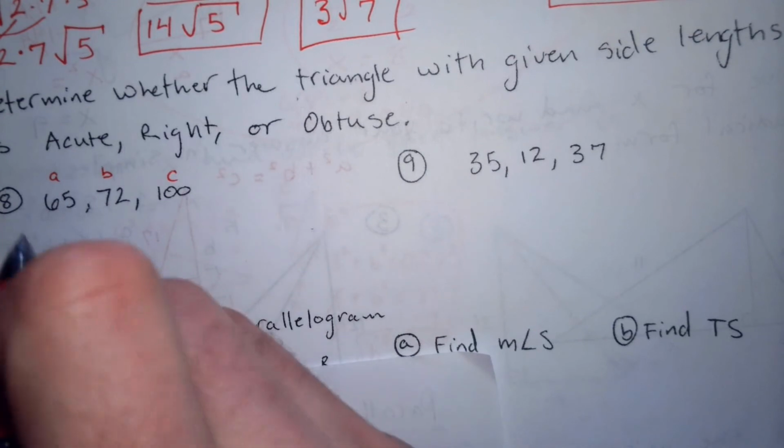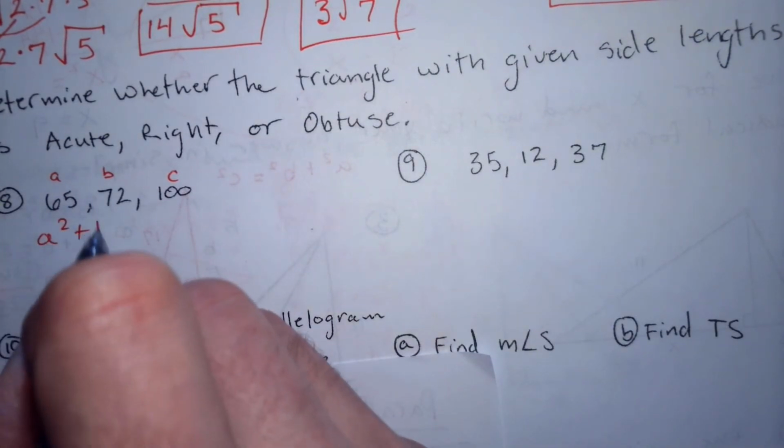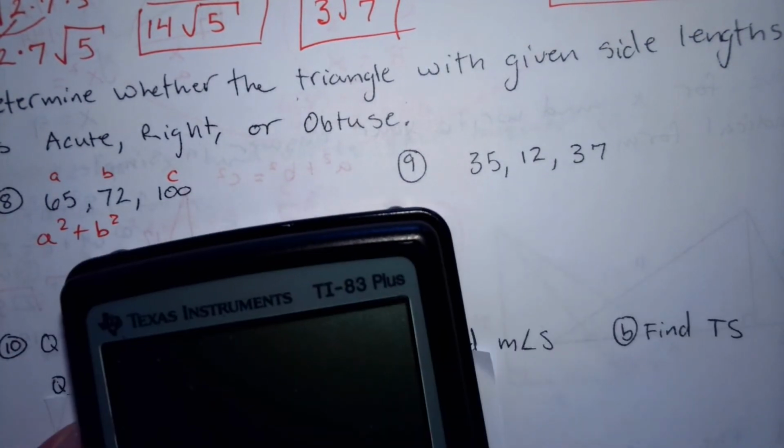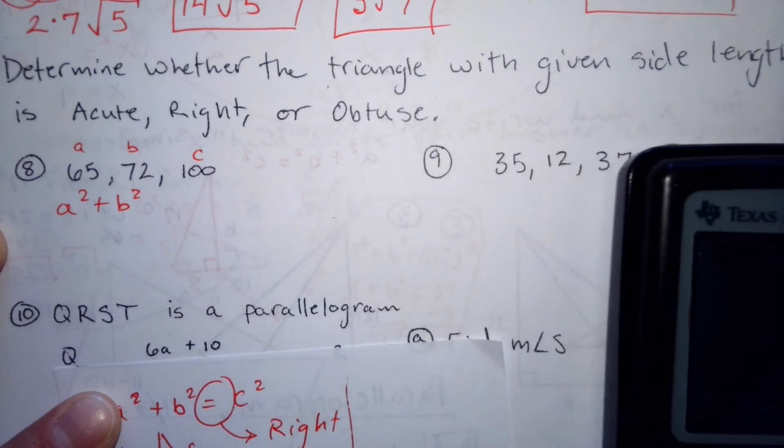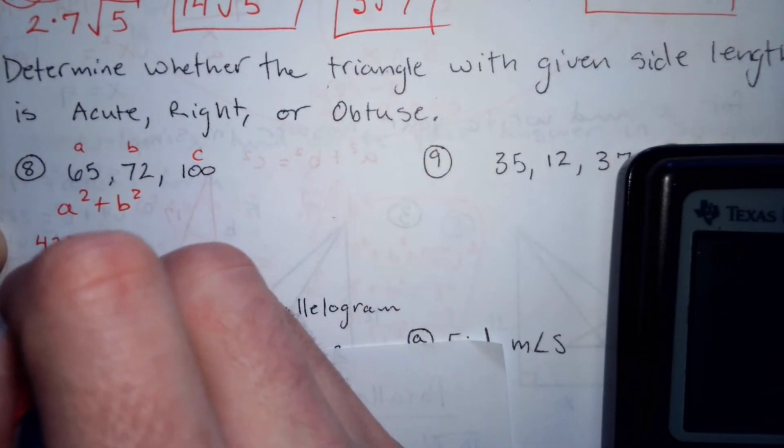So on this, I'm going to do A squared plus B squared. So 65 squared is 4,225.